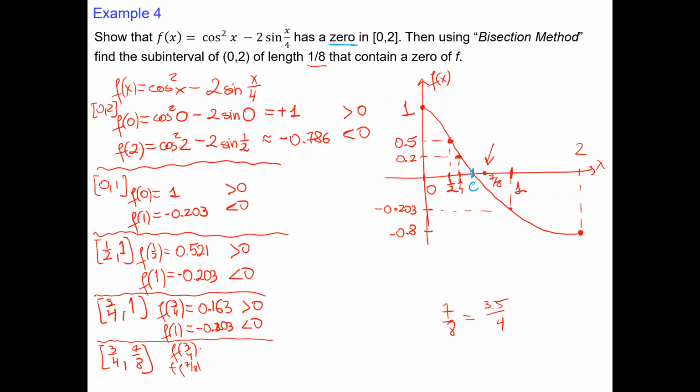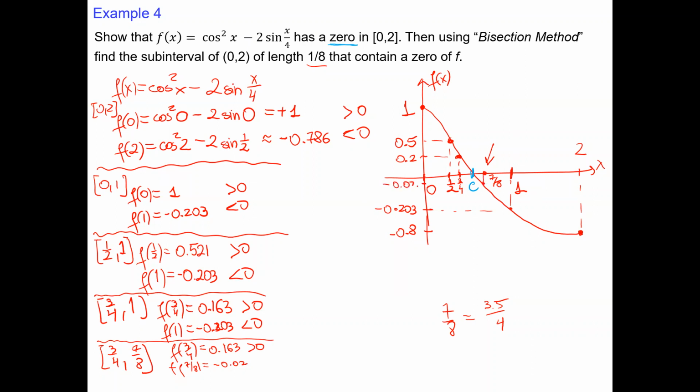Okay, for 3 quarters, we know the value is positive 0.163, but for 7/8, when we substitute instead of x and use the calculator, it's negative 0.002. That means it's just below the x-axis.